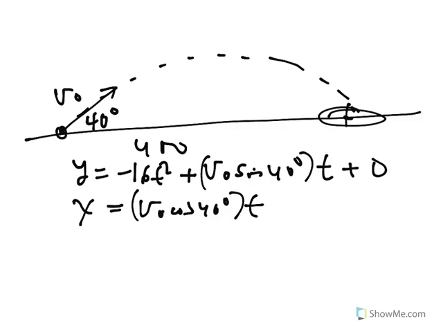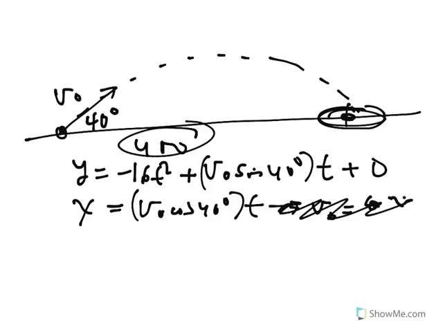The trick to this equation is to take the x equation and rewrite it. Let me go back for a second. We know that when it lands, x is going to be 400 because it's given to us.